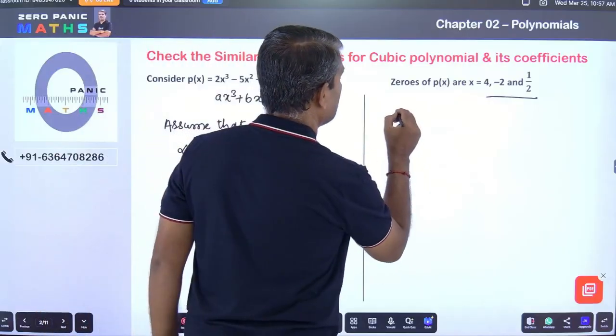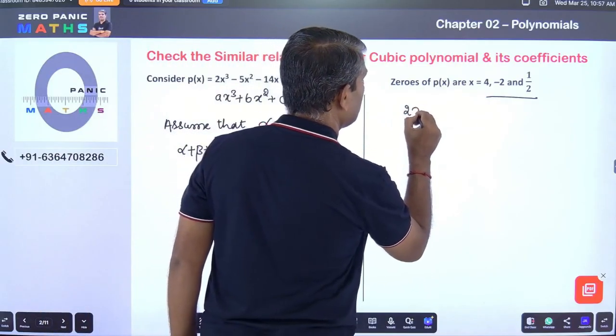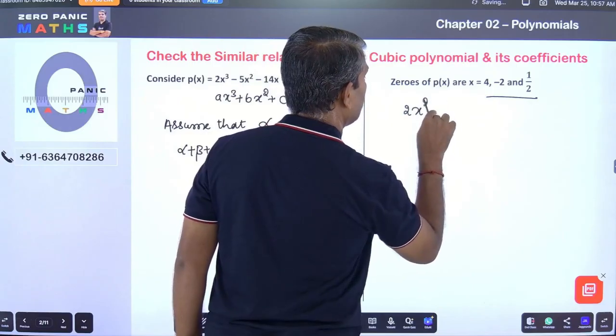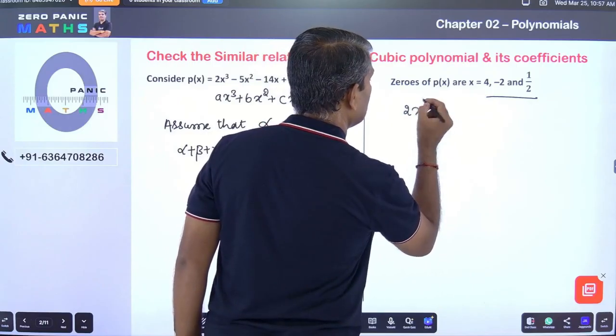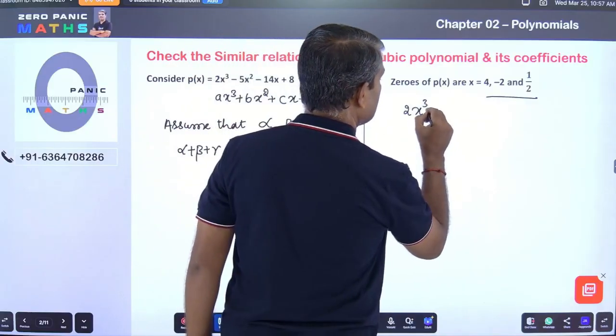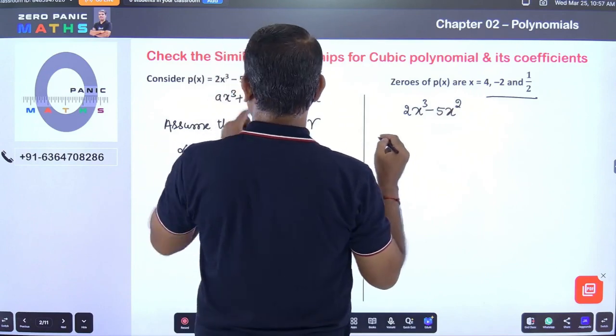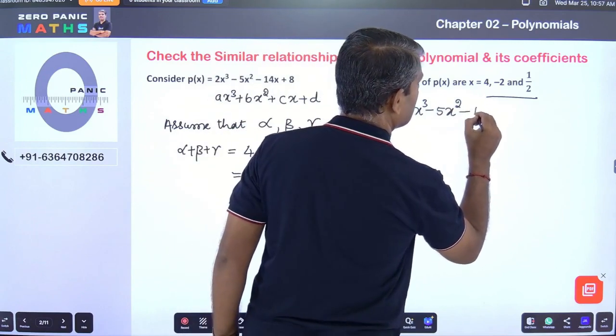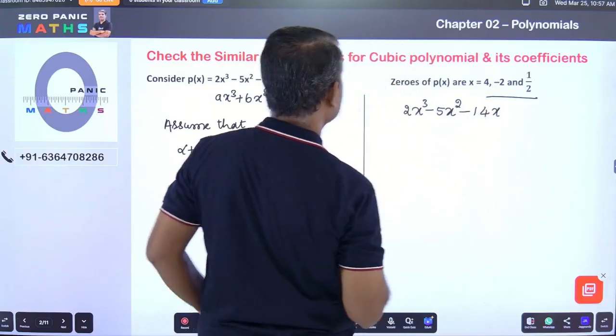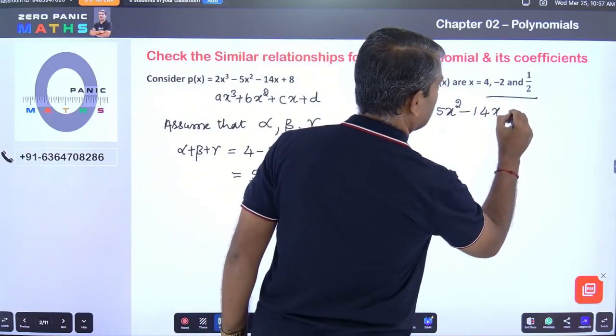The given cubic polynomial is 2x cube minus 5x square minus 14x plus 8.